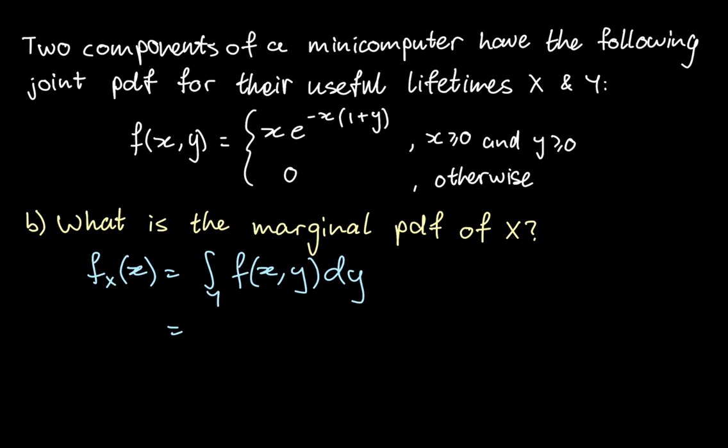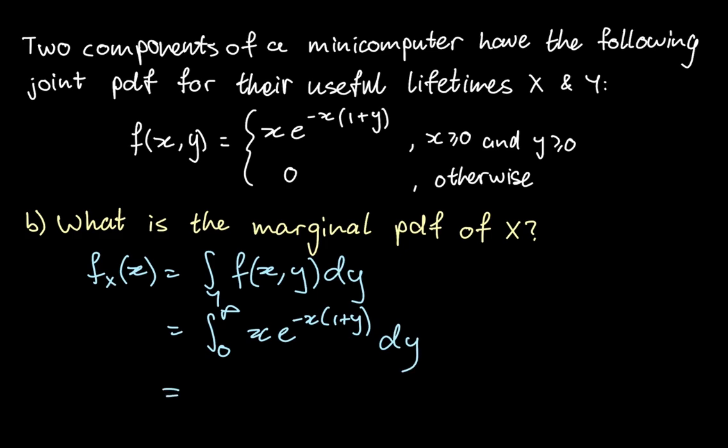So what I'm doing then is I'm integrating from 0 to infinity because y's range is greater than or equal to 0. And I substitute in the PDF, so I get x e to the negative x(1 plus y), and then dy.